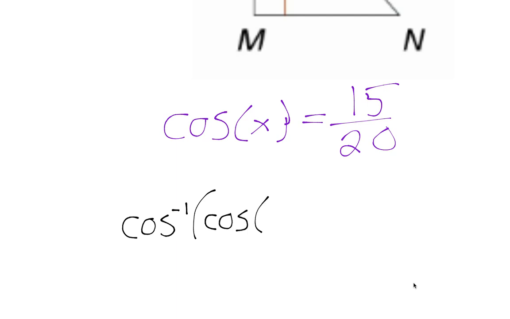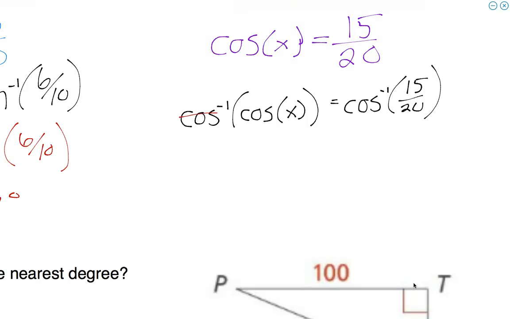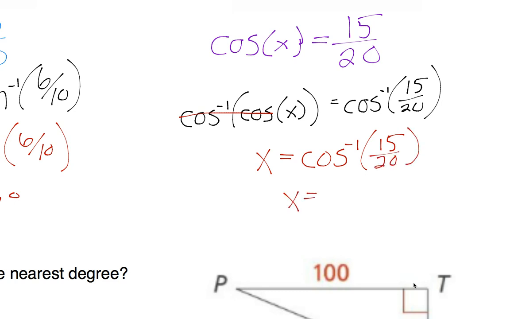I'm not going to skip any steps right now. So that cancels out, and we're left with x equals inverse cosine of 15 over 20, which is 41 degrees.